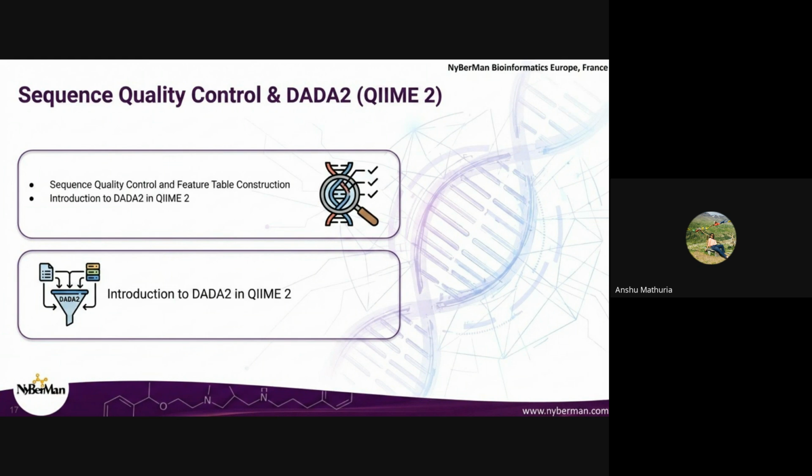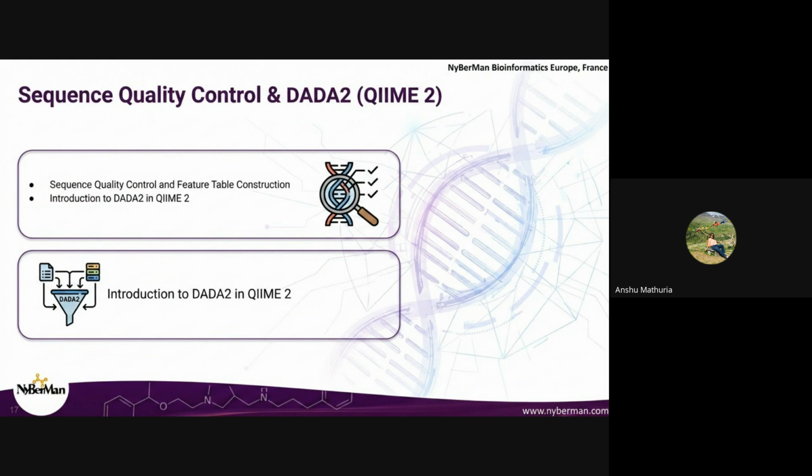That removal is one of the steps of sequence quality control that happens in the denoising step. Today we'll be studying the denoising step, and we'll be running the denoising command so that we get an output of how the sequences look.